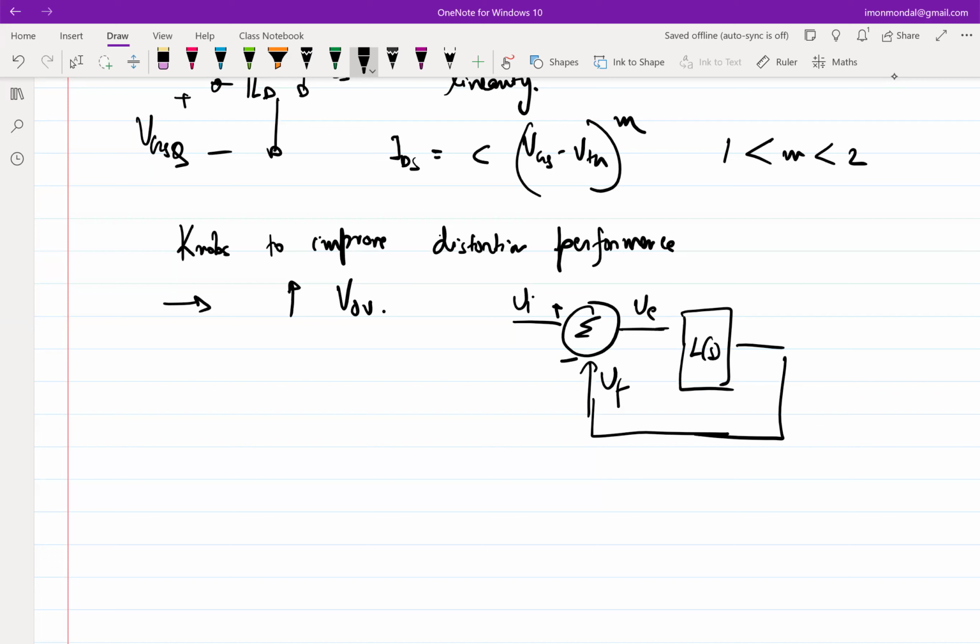Negative feedback can help, I'm not ruling it out, depending upon your ability to design high frequency feedback loops, but it's difficult at high frequencies.